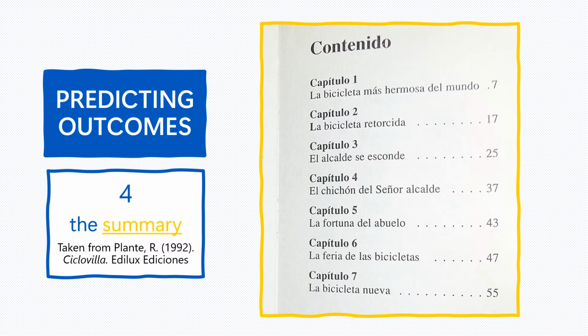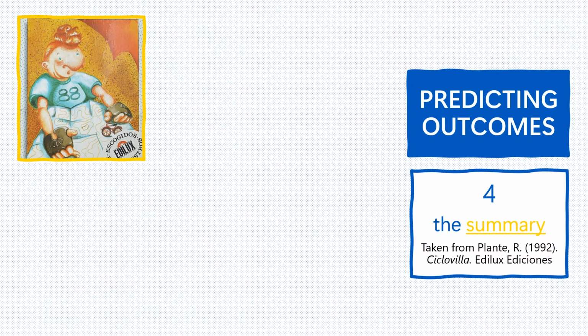Now, number 4, the summary. This predicting outcomes invites students to predict the entire story based on the summary. In this case it is a book for children whose summary is divided in 5 chapters. We could take a good time trying to predict what is going to happen.